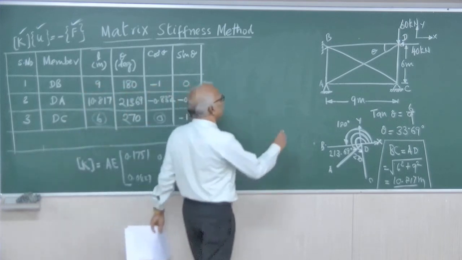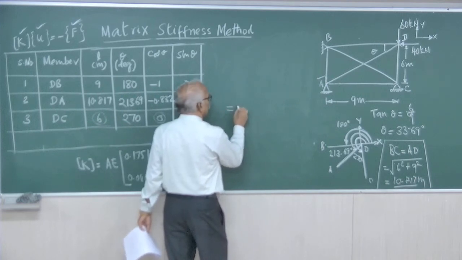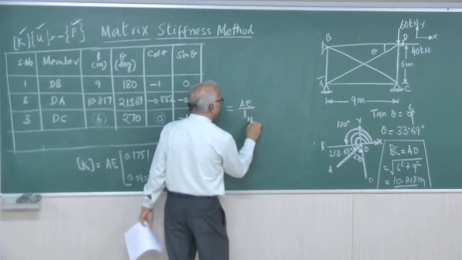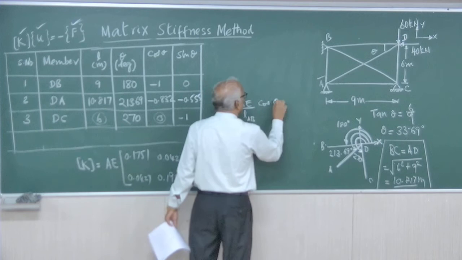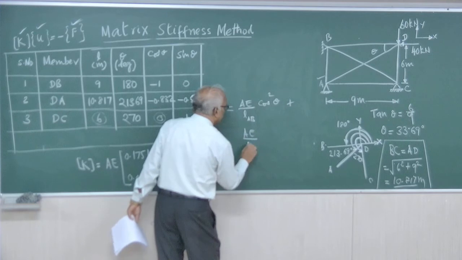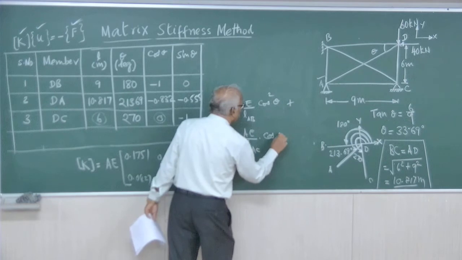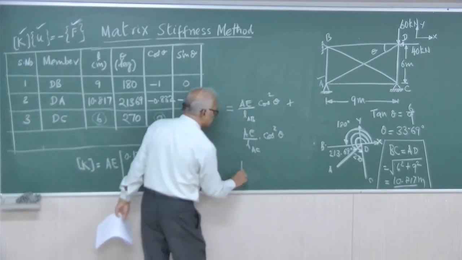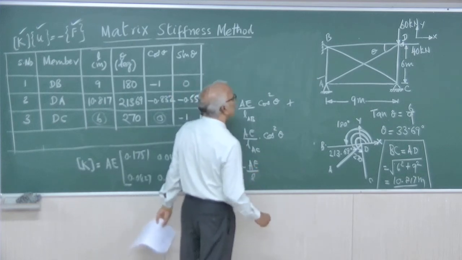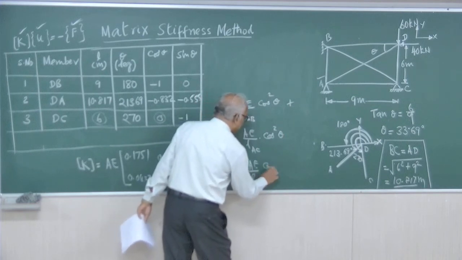Suppose if you take joint A, then we have to write down the K value as AE by L for the member AB into cos square theta plus AE by L for member AC into cos square theta plus AE by L for the member AD into cos square theta.